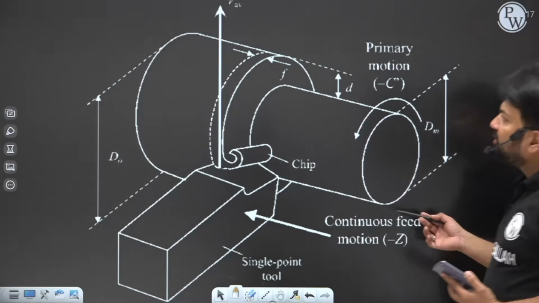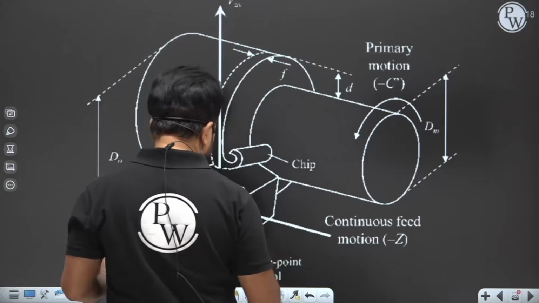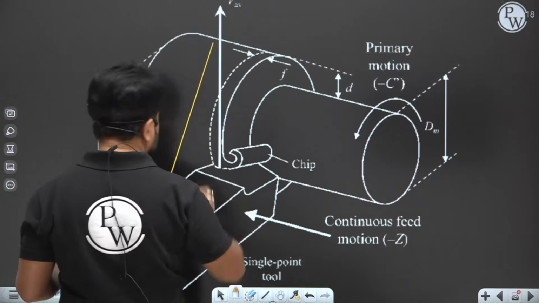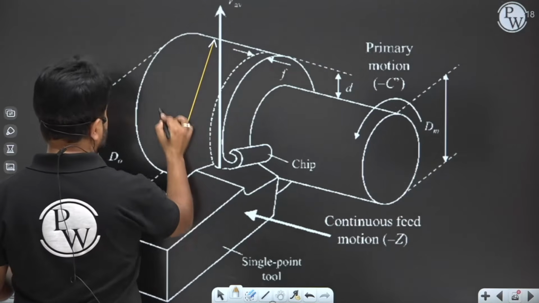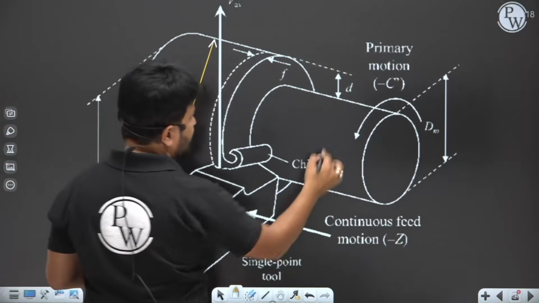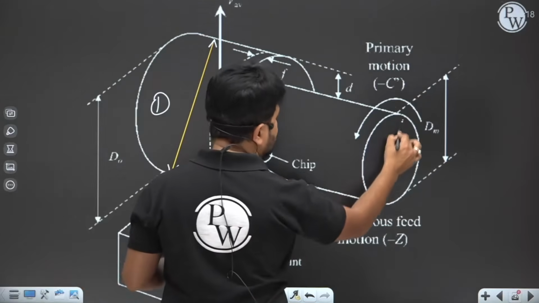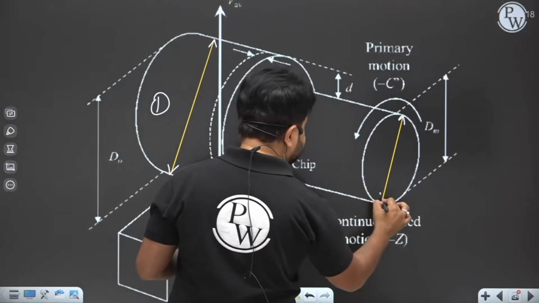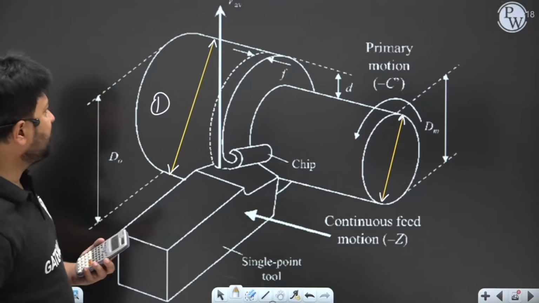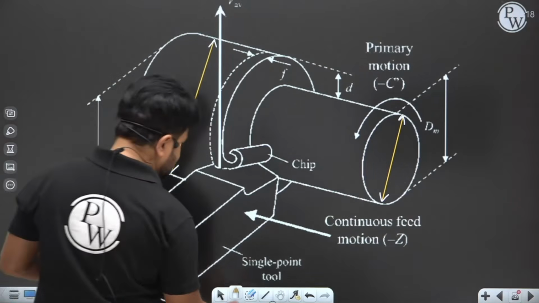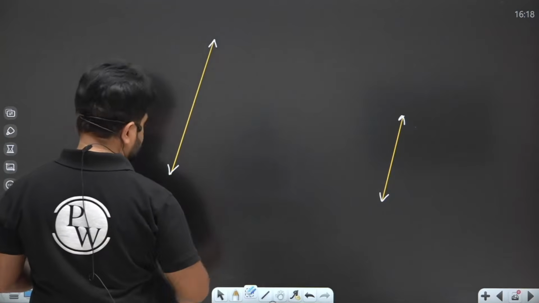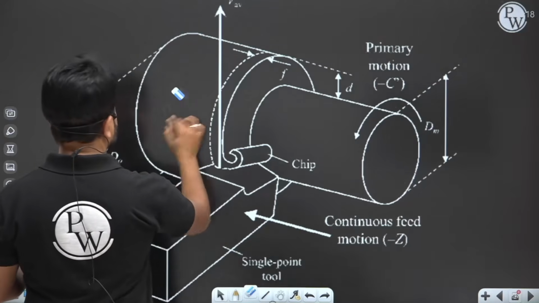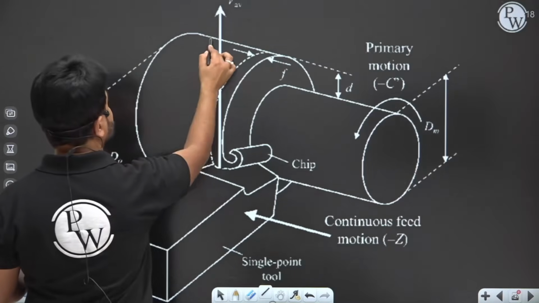You know, in the turning operation, this is the initial diameter of the workpiece, and this is the diameter which is produced after the machining operation.